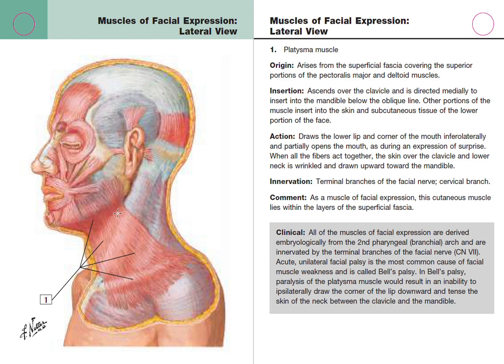The platysma is innervated by terminal branches still of the facial nerve, specifically the cervical branch. And again, as a muscle of facial expression, it is embryologically derived from the second pharyngeal or branchial arch.